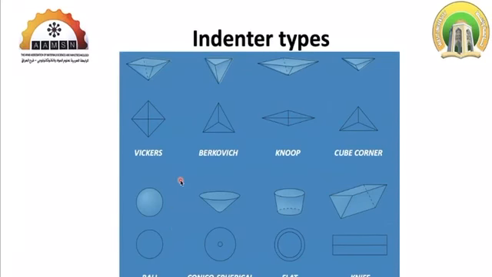Most nano indentation publications use these two indenters because they are very well defined in terms of area of contact, and they can perform indentation tests with very high precision results.